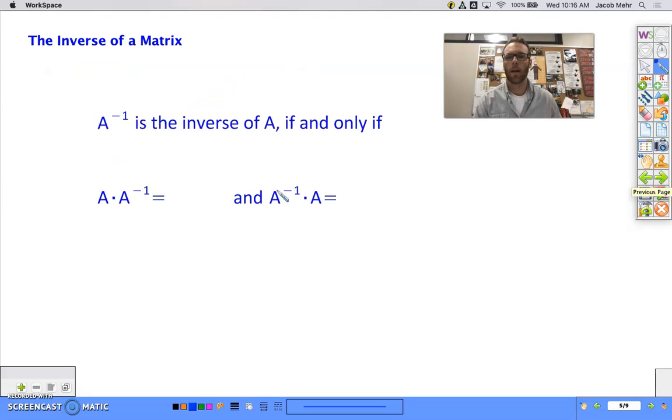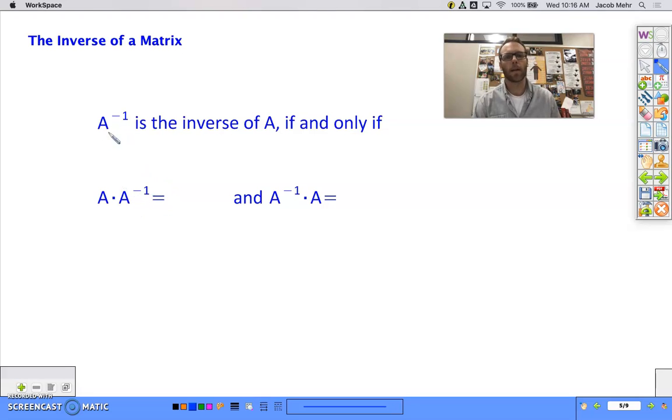Okay. All right, now we're going to talk about inverse matrices. And if we think about how we've used the word inverse before, we've talked about inverse functions, and this inverse has an applied meaning here. What's going to happen if I take a matrix times its inverse?